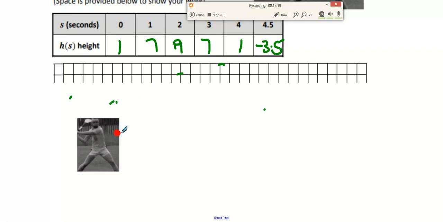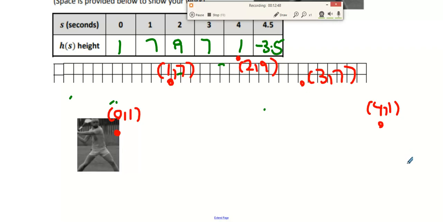See this point here? 0, 1 means 1 meter above ground. Then after 1 second, the ball is 7 meters above ground. After 2 seconds, it's 9 meters. After 3 seconds, it's back to 7 meters. After 4 seconds, it's back to 1 meter above ground.